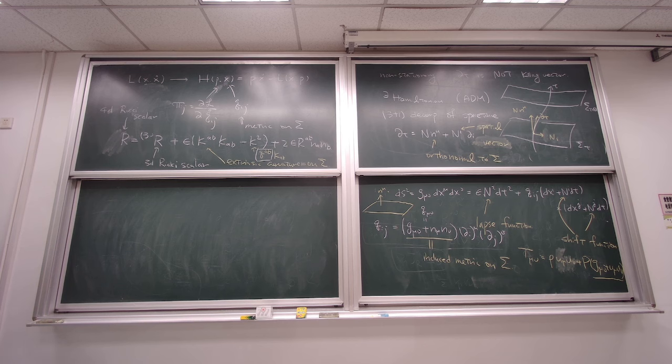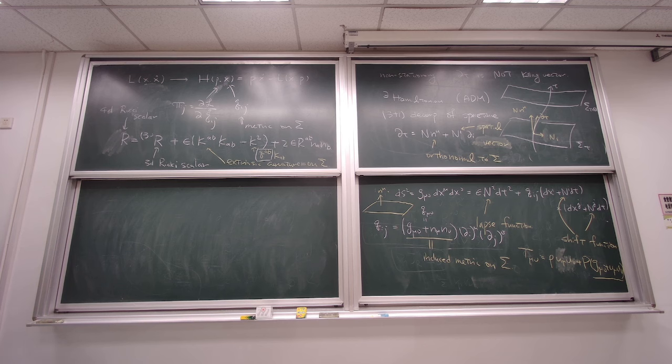So these are covariant derivatives with respect to, how to say, on the hypersurface sigma. Okay, so that's what I used. So this is just some kind of usual Lie derivative acting on G mean.